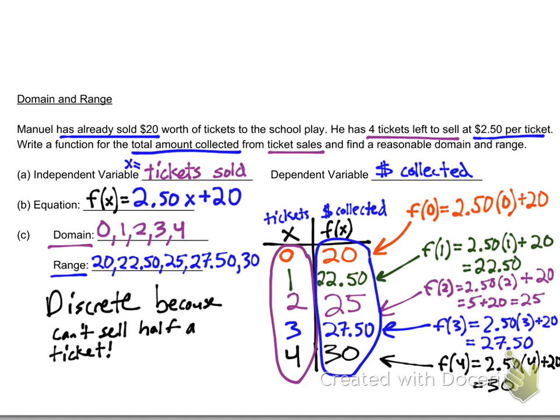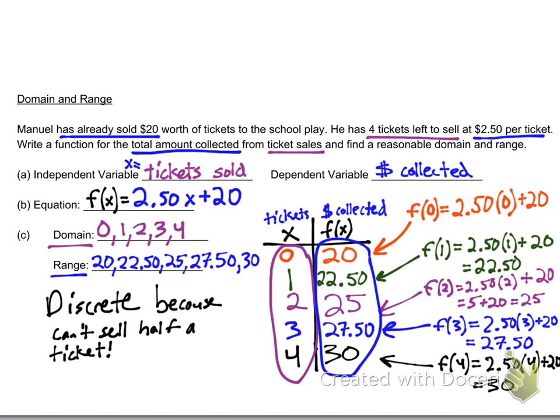It's discrete because he can't sell half a ticket. So you can't have 0.5 or 0.8 in the domain of the tickets. Likewise, because he can't sell part of a ticket, he can only possibly collect that much money, 20 or 22.50 or 25. He can't collect $21 because that would require him to sell part of a ticket.